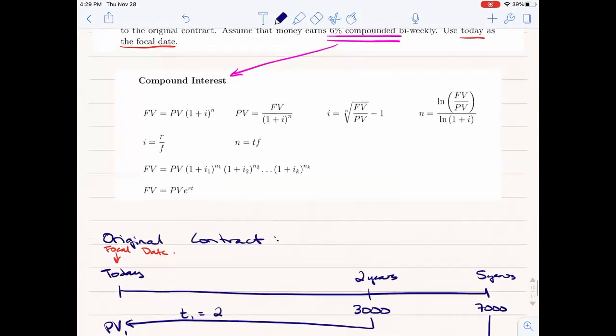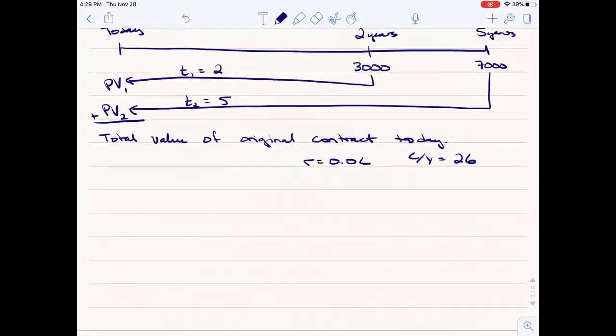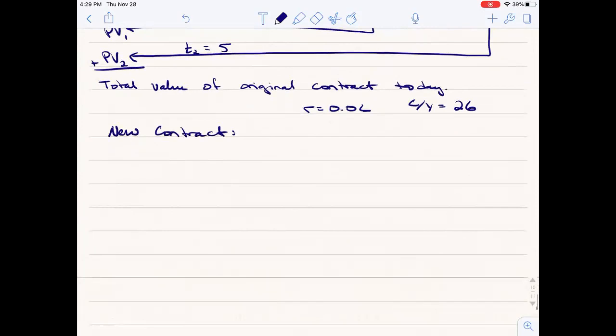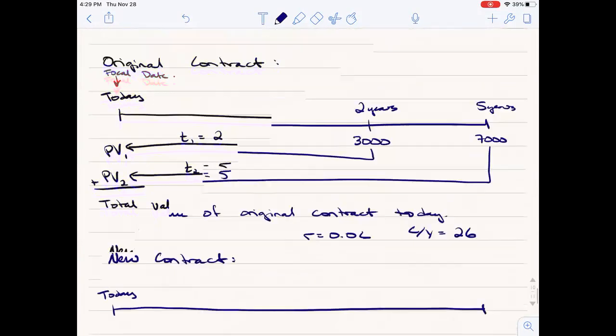Now I'm going to map out my new contract, starting today again. Because I've done this problem a lot of times, I put the 2 year mark closer to the 5 year mark. You don't have to do that, but it might help with visualizing.